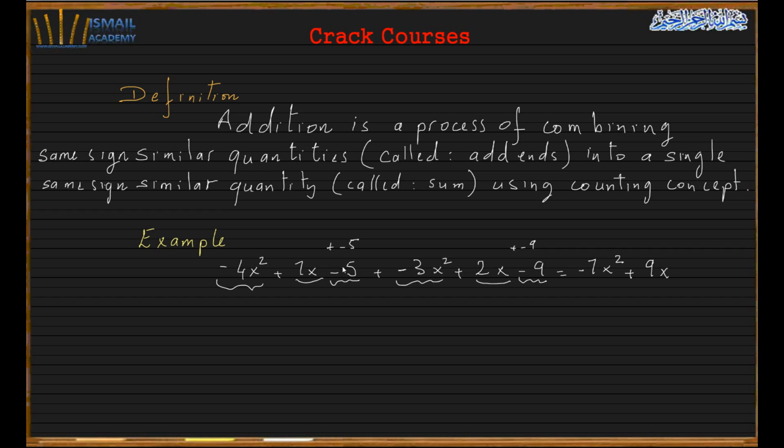Always the sign in front of the number belongs to that number. Wherever the number goes, the sign goes with it, because it's the sign of that number. So if I move this one to this position, it moves with its sign.